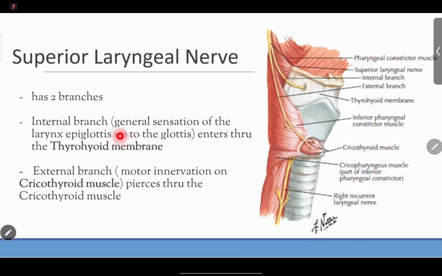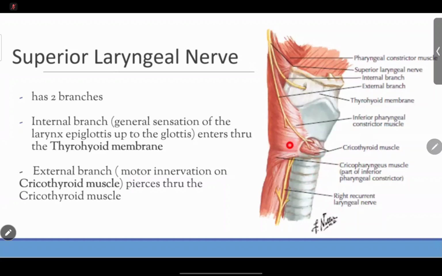So it is supplied by the internal branch of the superior laryngeal nerve, while the external branch of your SLN would supply the motor unit of your cricothyroid muscle. This is the only intrinsic laryngeal muscle that is not supplied by the recurrent laryngeal nerve and is instead supplied by your SLN. Okay?